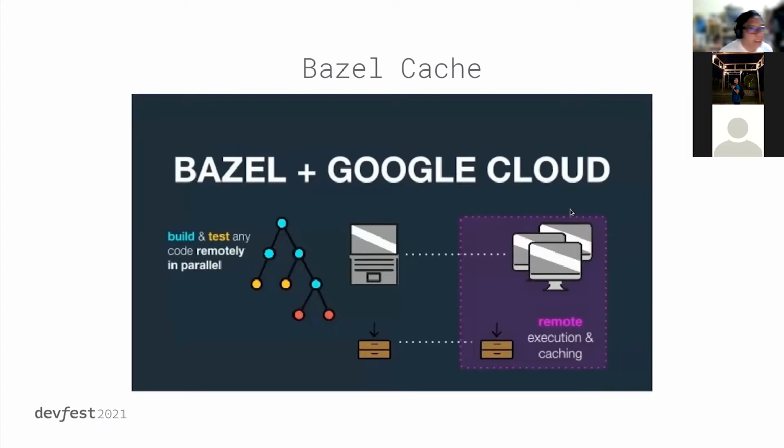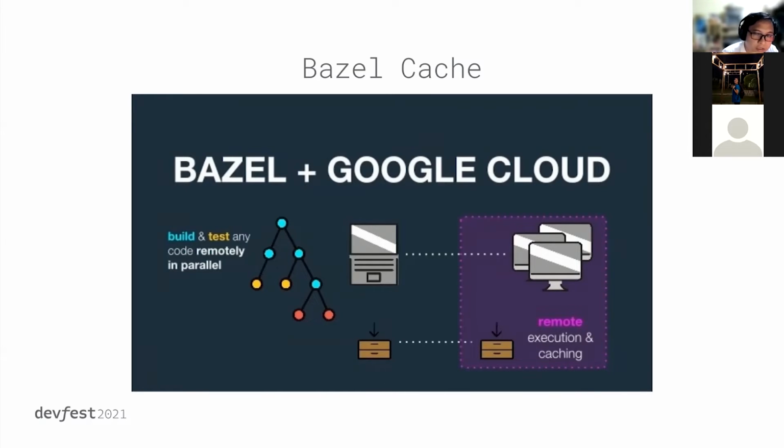The second one is the Bazel cache. You may have noticed that as the number of projects scales, for example if we have 50 projects in one repository, running all of the checks will be a nightmare, right? It's going to take time to finish.